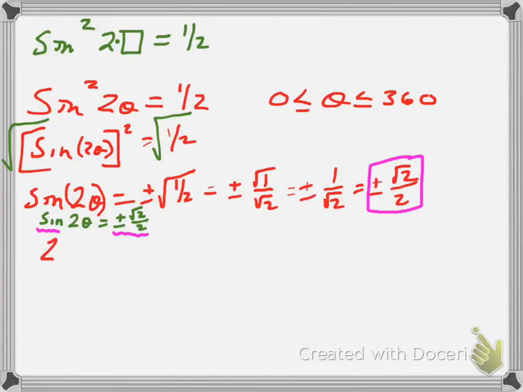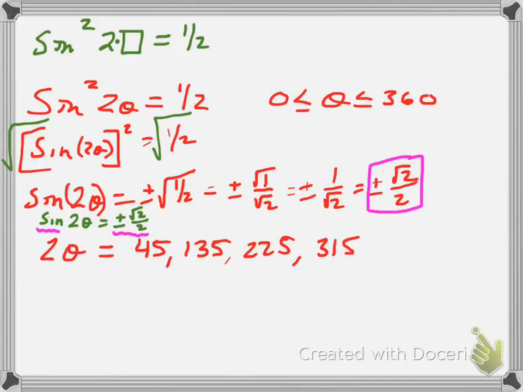So that's going to be 2 theta equals 45, 135, 225, and 315. Those are the angles on the unit circle whose sine is root 2 over 2 or negative root 2 over 2.